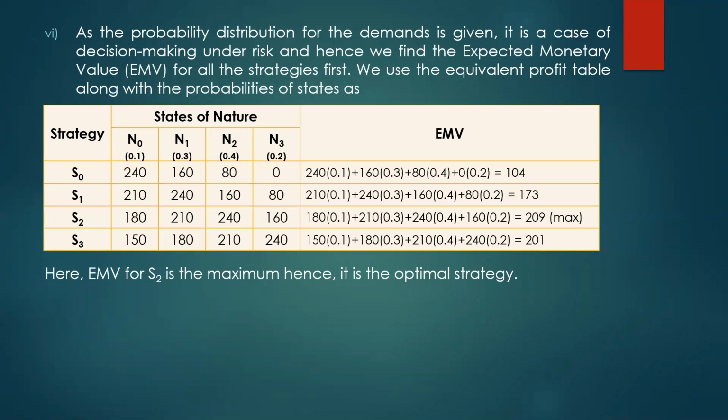One is pure strategy game, and the other is mixed strategy game. There's also a technique called principles of dominance, which can be used to solve such problems. We'll also talk about the limitations of game theory when we come next.